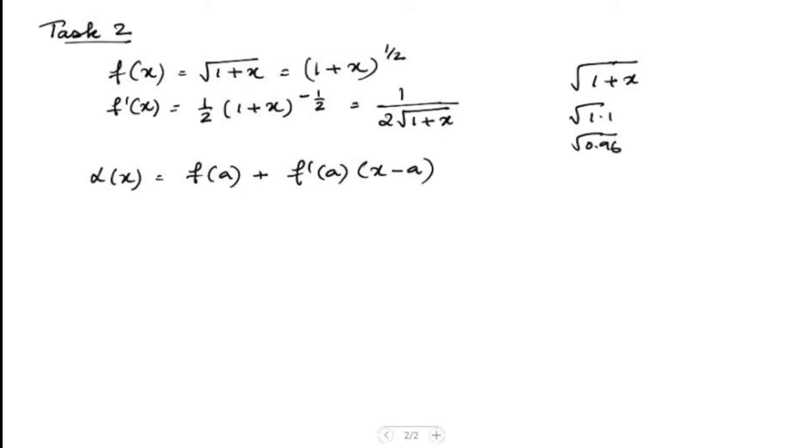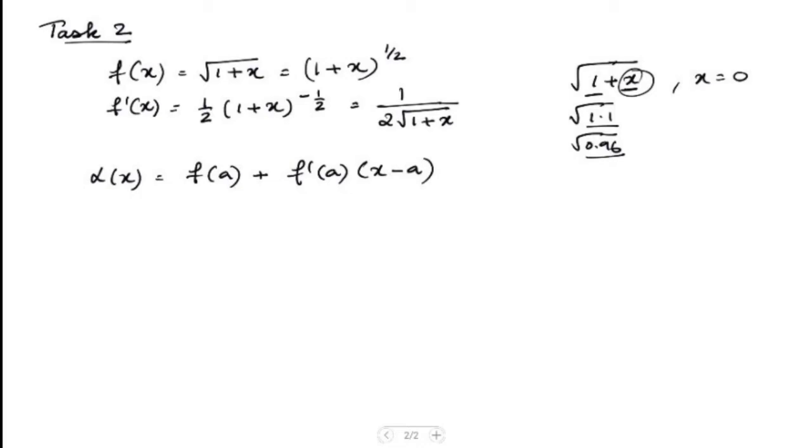So the x here should be something very close to 1, because we have 1 plus something that's small. And as you can see, we have 1.1 and 0.96, so I would choose something not very far from 1. Maybe I'll just choose x is equal to 0.